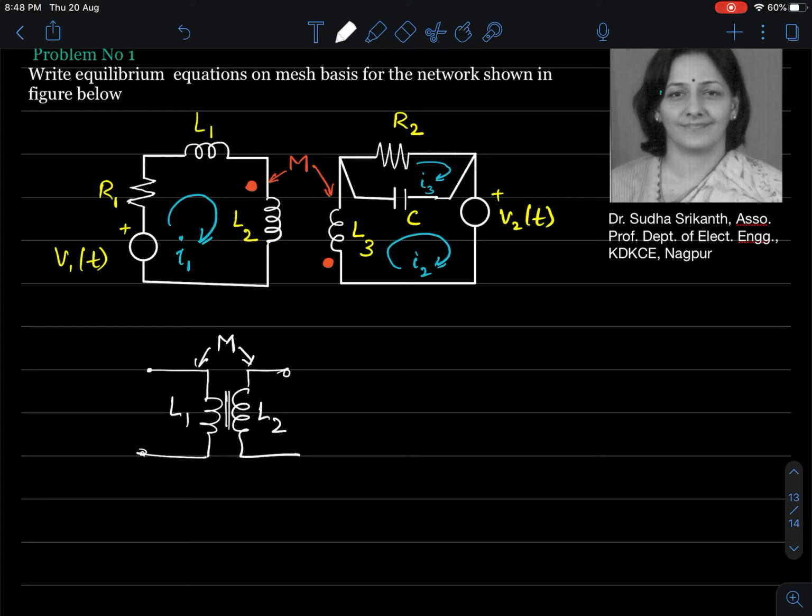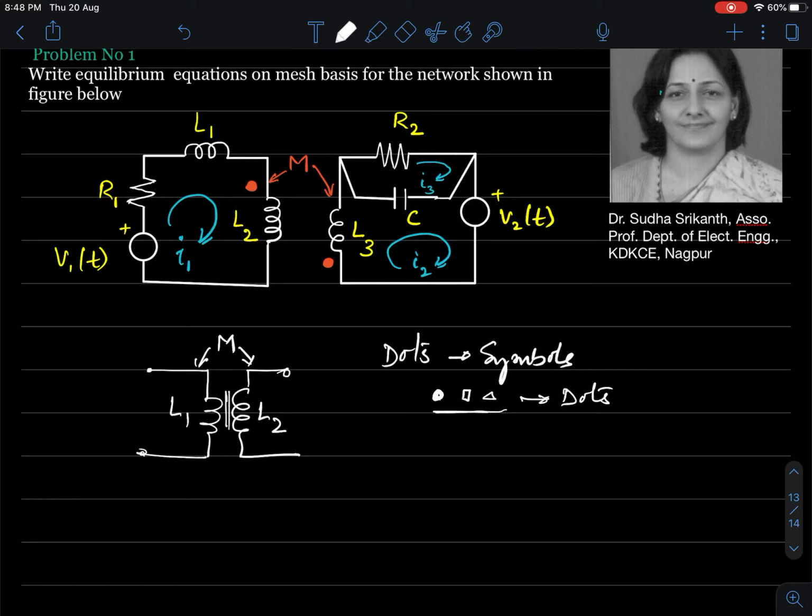transformer windings or your coupled windings are assigned polarity markings in terms of what we call dots. Dots are typical symbols. There can be a circle, they can be a rectangle or a square, a triangle and things like that. In general, all these shapes are referred to as dots.